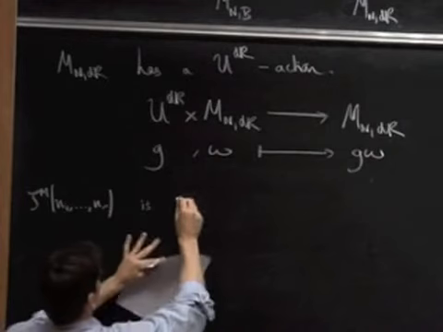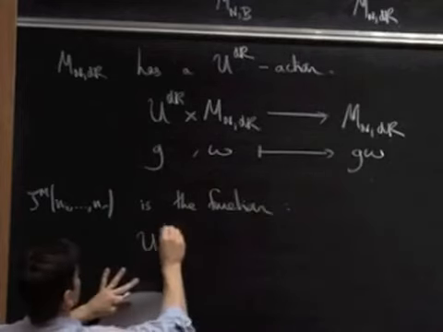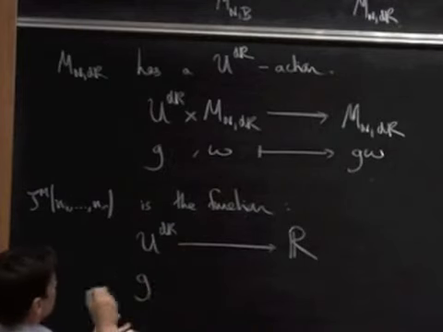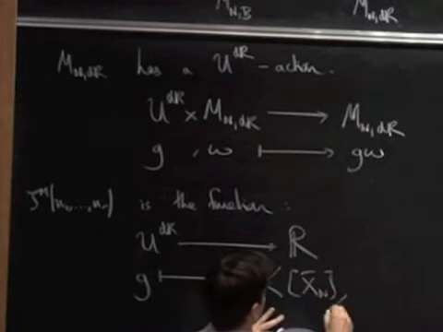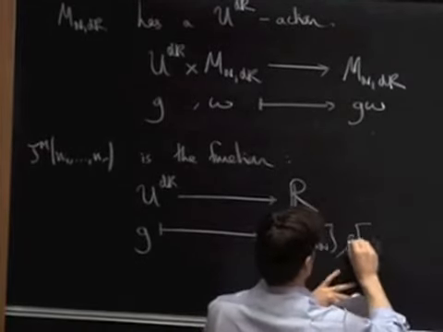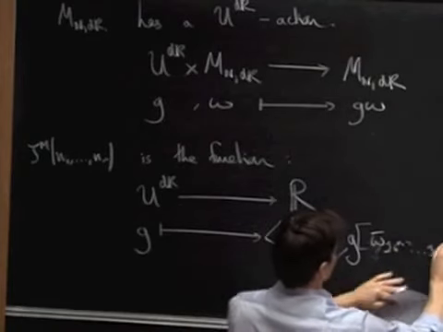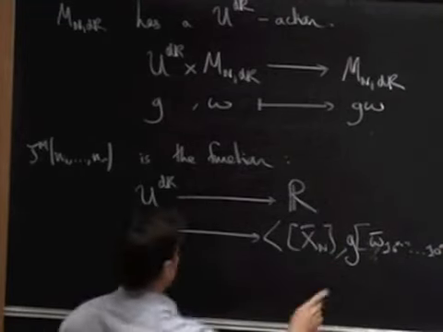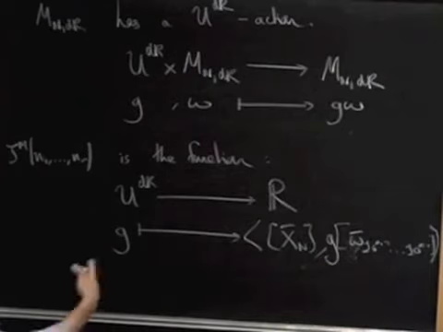So in fact, the Motivic multiple zeta value is the function from U de Rham to R, which to an element in the group maps the pairing of the homology class with the differential form after moving it by this group. So if I put g equals the identity here, of course I get back the original multiple zeta value. But you want to consider all its Galois conjugates.